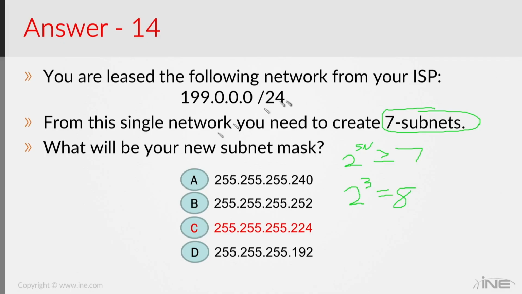If we start out with a /24 and we add 3 more bits to that, that gives us a /27. /27 means all 8 bits of the first octet, all 8 bits of the second, all 8 bits of the third, and 3 bits, 1, 1, 1, of the fourth octet are subnetting bits. So that would be our new subnet mask.